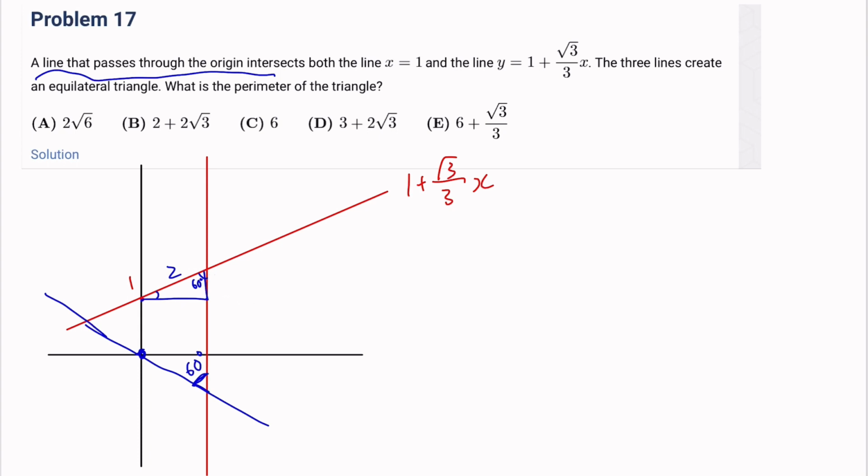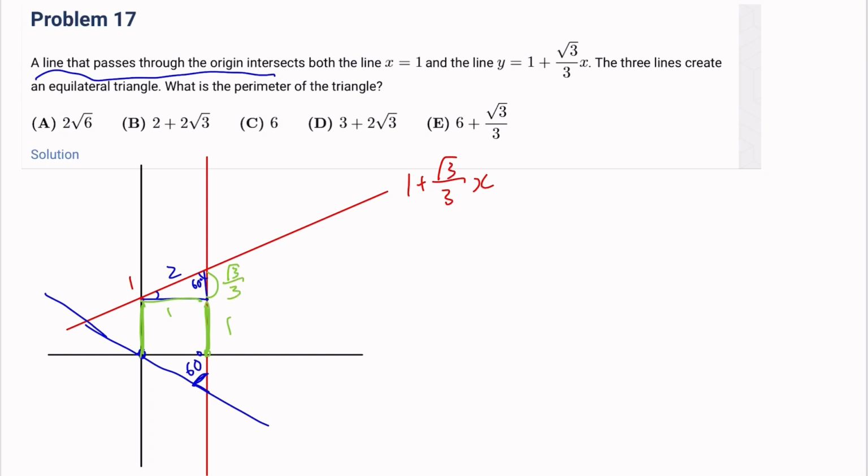Okay, so since this is 1, this is also 1, right? And this is also 1 because this should be a square, right? And so this is x equals 1, so this is 1, and this is root 3 over 3, so this much is root 3 over 3, right?